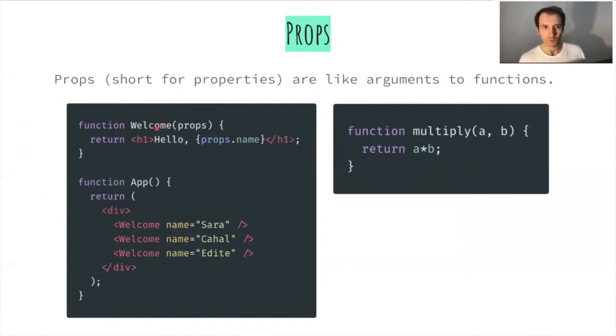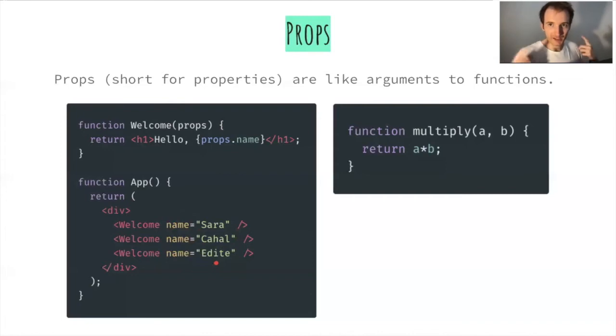So the way that this works is we have this one argument called props that goes into every functional component, and we can use that value inside of our JSX just by encapsulating whatever variable we have in between these curly braces. And then we can pass these props in using this syntax down here.